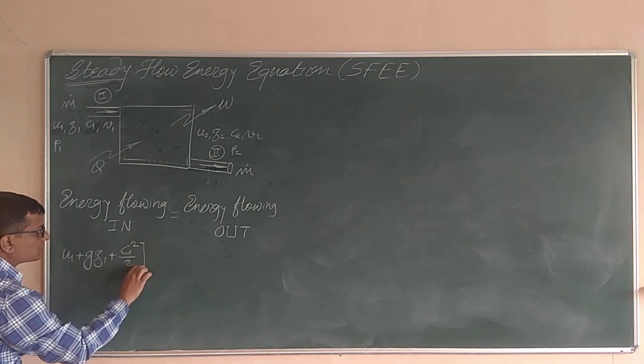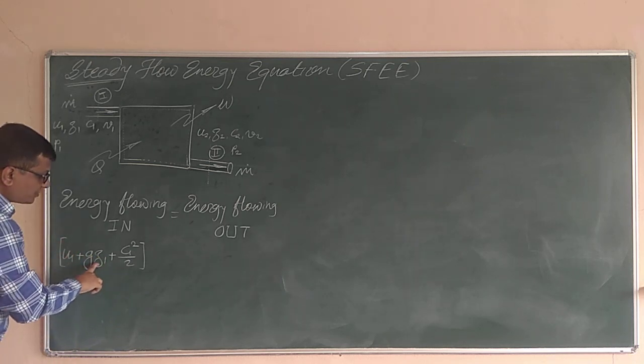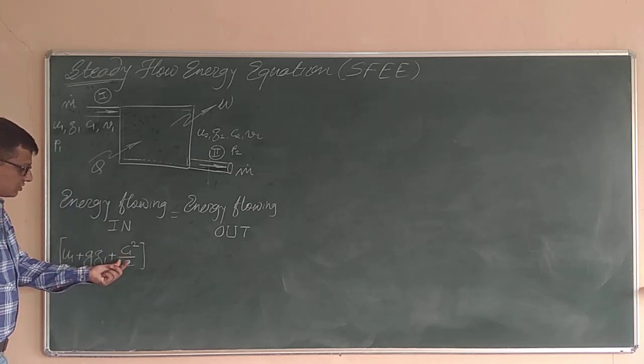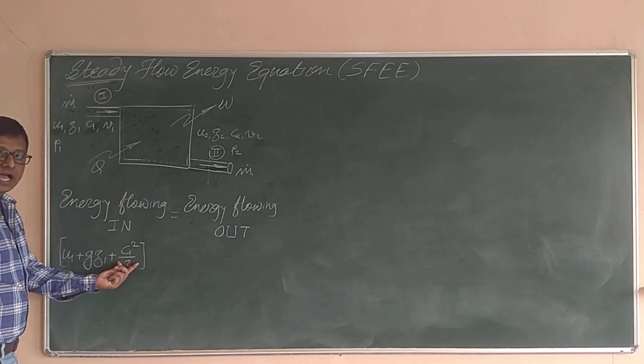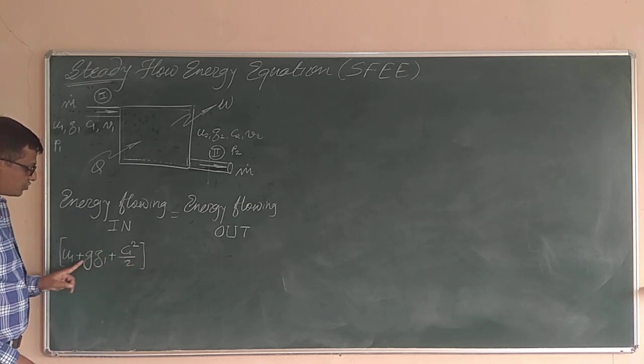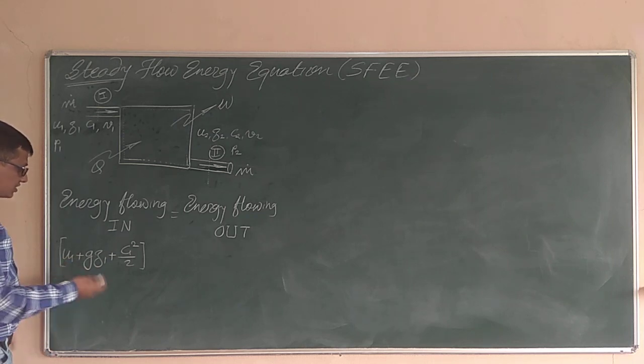So all these are which type of energies? Internal energy per unit mass, potential energy per unit mass, kinetic energy per unit mass. All of you know that kinetic energy is half m v square. If you divide that by m, it will be half v square. This will be m g h divided by m. So this is energy per unit mass.